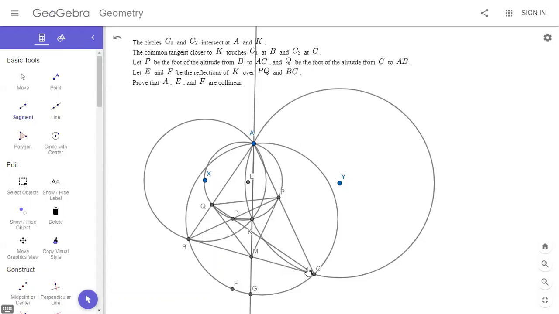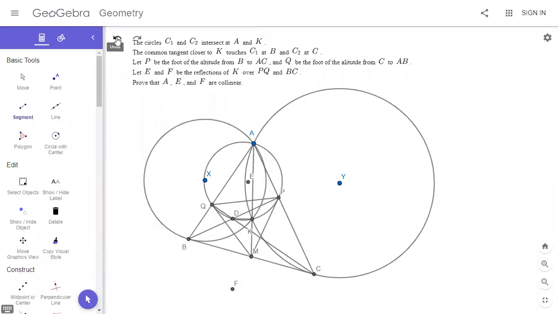AM is the median, and angle CAM intercepts arc CG, and angle BAF intercepts arc BF, and it's easy to see that those two arcs are equal. So I see why F lies on the median. I'm guessing it's a symmetric argument to show that E lies on it.